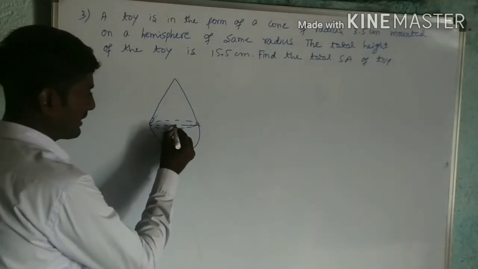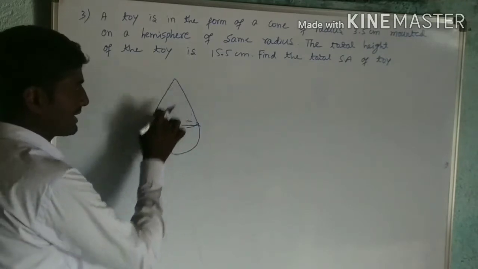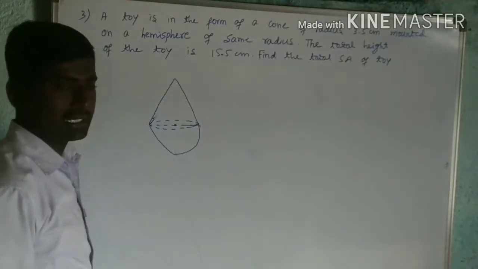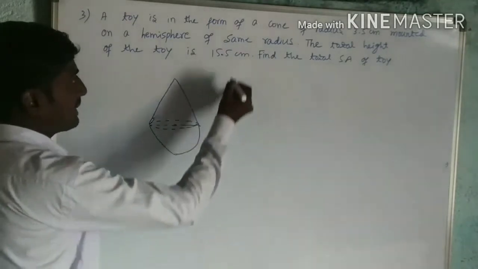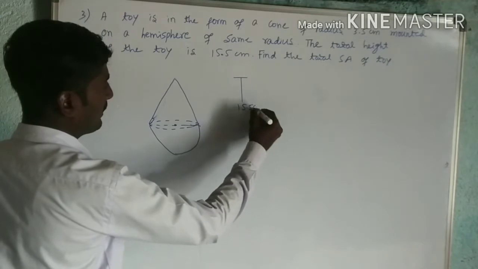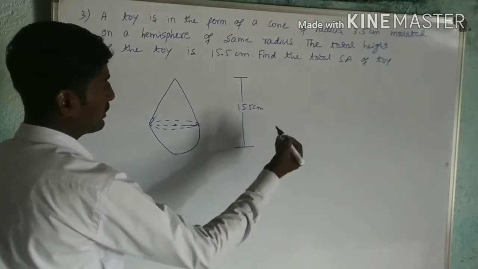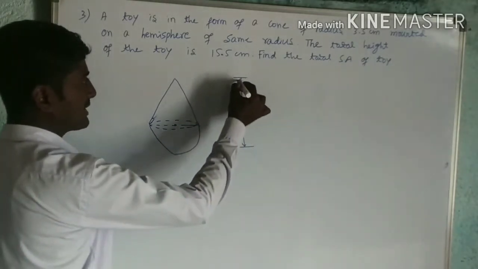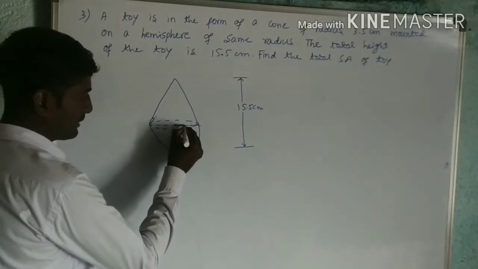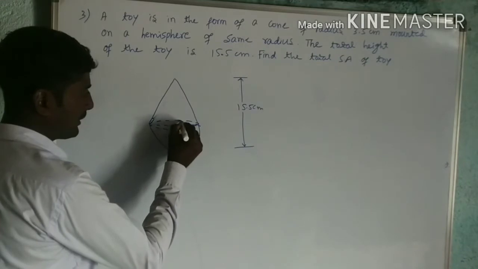Now this is how much? The radius of the hemisphere and radius of the cone is 3.5 centimeter, given here. Now the total height of this solid is 15.5 centimeter. This is the total height of the solid. Now this is 3.5 centimeter. This is how much? 3.5 centimeter.